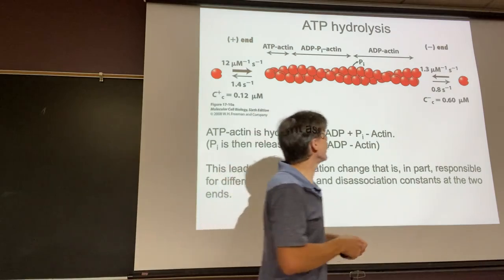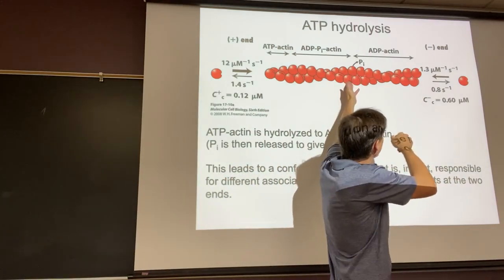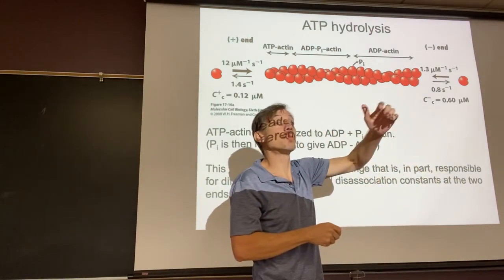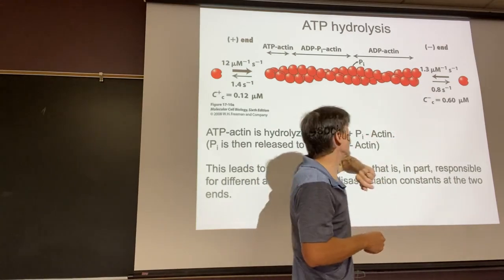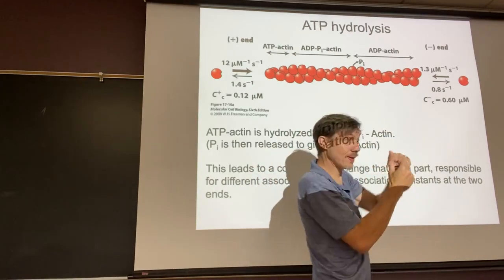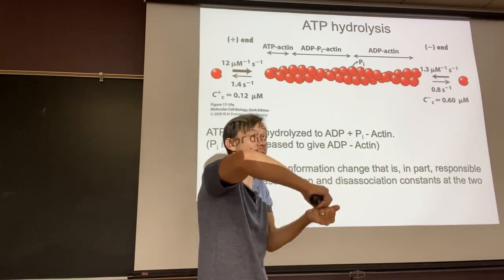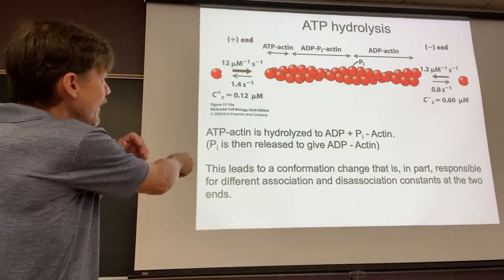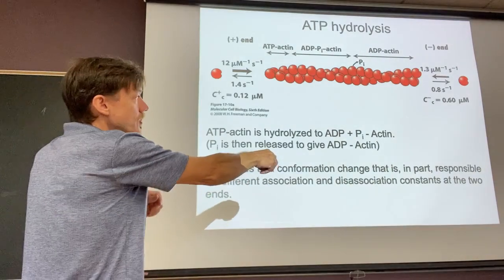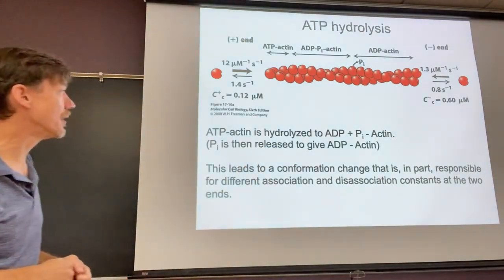Then eventually, as the actin ages, that phosphate gets released, and then it's just ADP itself that's there. That Pi, that inorganic phosphate, is coming out of the cleft here. So over time, ATP actin gets hydrolyzed to ADP actin.